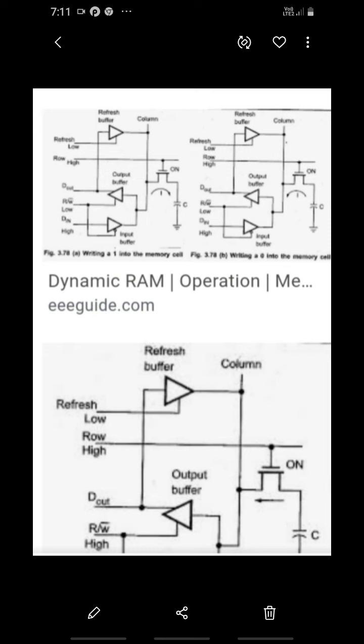The main differences between static RAM and dynamic RAM are listed below. Let us find out one by one.